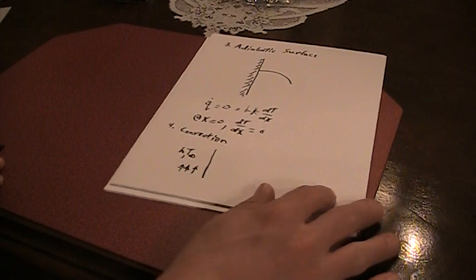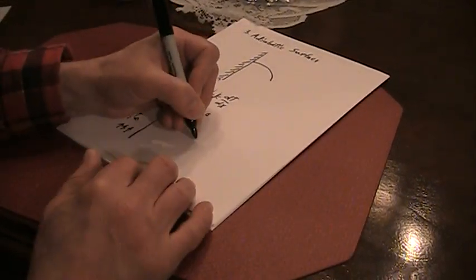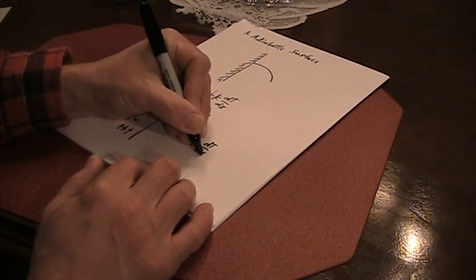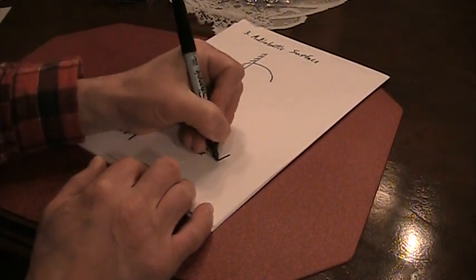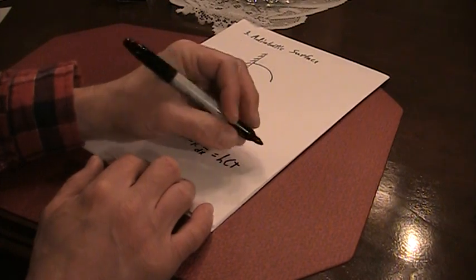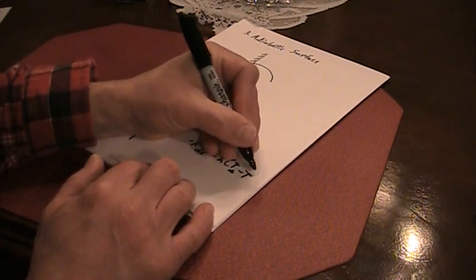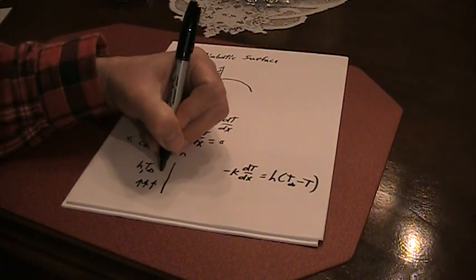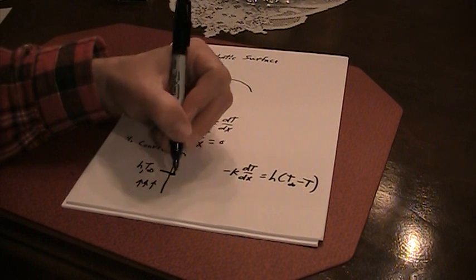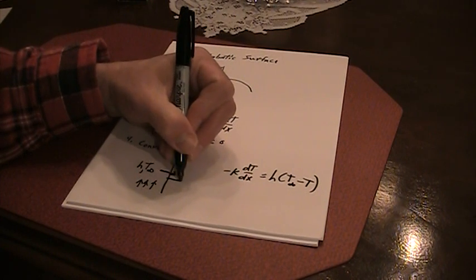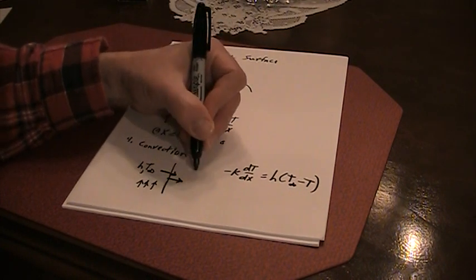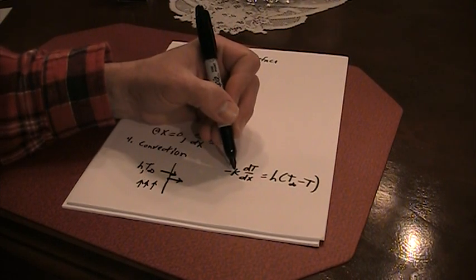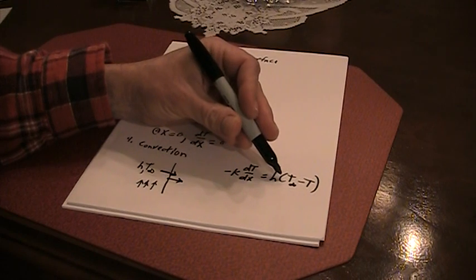But here, our boundary condition would be this right here. Because whatever goes into the wall by convection, that is also equal to the conduction on the other side of the wall. So here again, the conduction at x equals 0 is just equal to whatever comes in by convection.